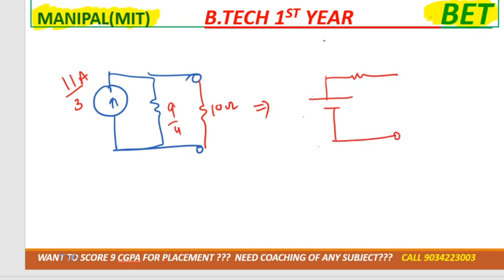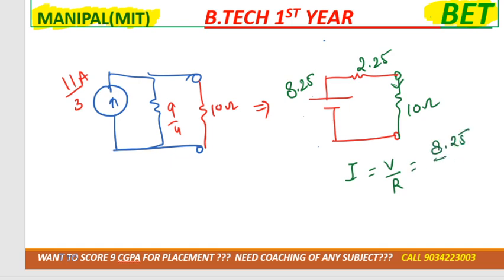As I told you, in whichever branch we need to calculate current, we can't touch that branch, right? So it would be 8.25 volt and the resistance would be 2.25 ohm. Then in the last, we can use Ohm's law. I is equal to V by R. V is 8.25, R is 2.25 plus 10. Then we'll get the final value for the current.